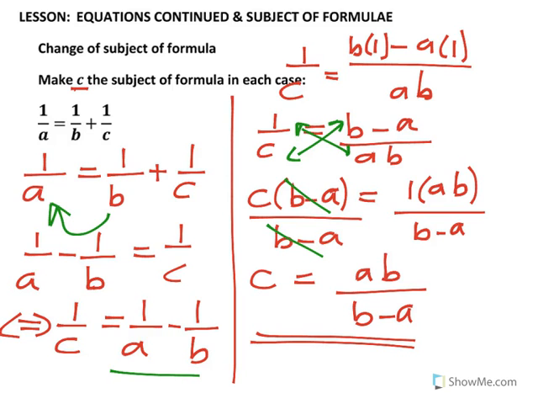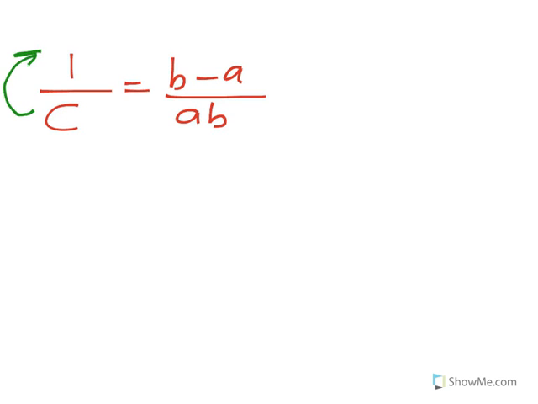But let me rewrite this statement. 1 over c is equal to b minus a over ab. There is a simpler way that you can do. What you can do is you take c to the top and you take 1 to the bottom. We have got c over 1, which is equal to, remember what you do on the left, you do on the right.